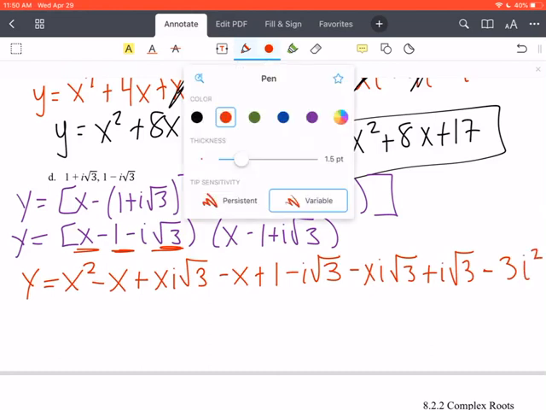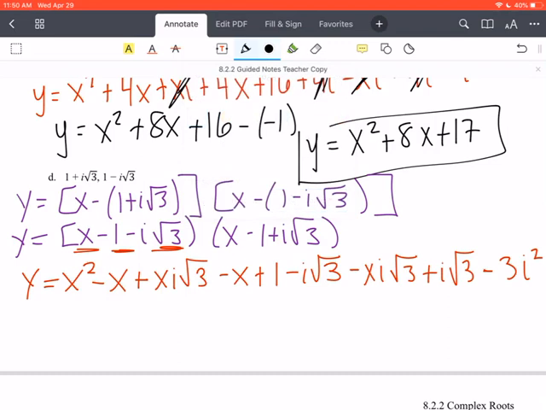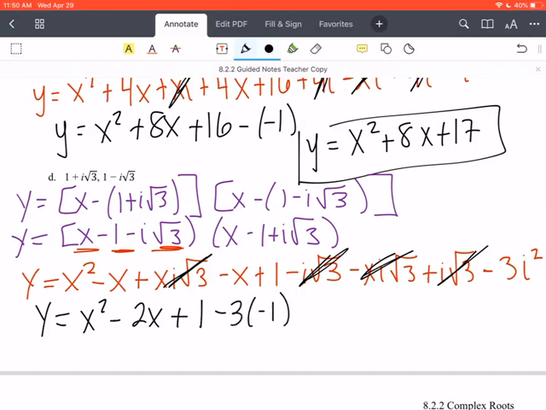And now we're going to go ahead and do some canceling out. So we have xi root 3, negative xi root 3, negative i root 3, i root 3. So we have y equals x squared minus 2x, and then plus 1, and then minus 3 times negative 1.